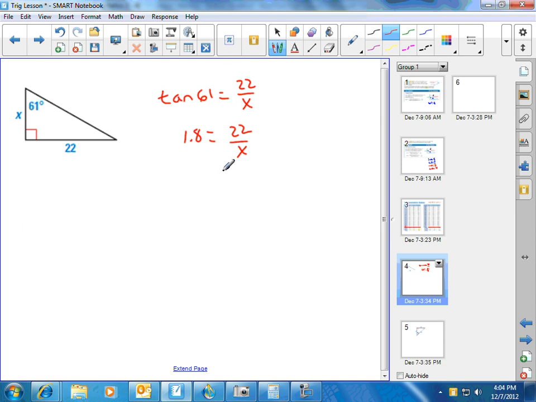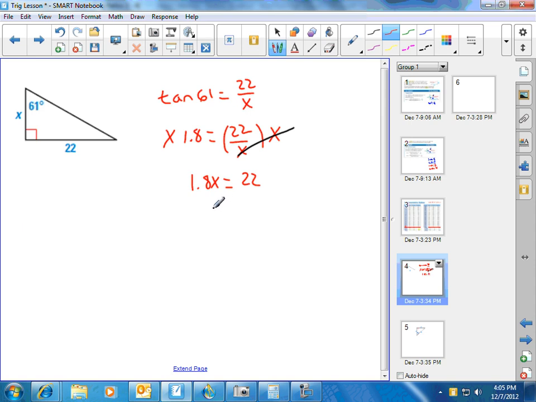The way I'm going to do it is, this is 1.8 over 1, and I want to get x, so I'm going to multiply this side by x and this side by x. These x's cancel out, and what I have is 1.8 times x is equal to 22.